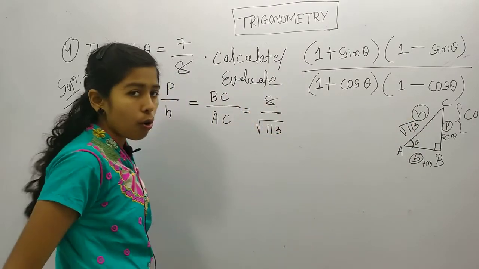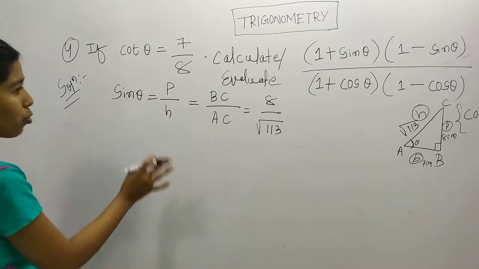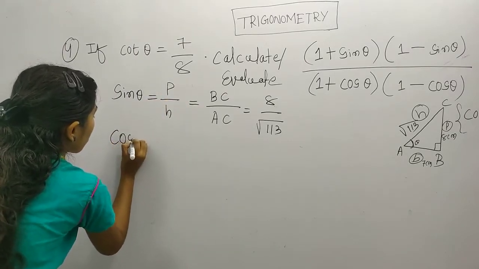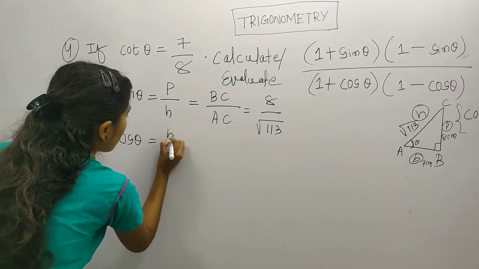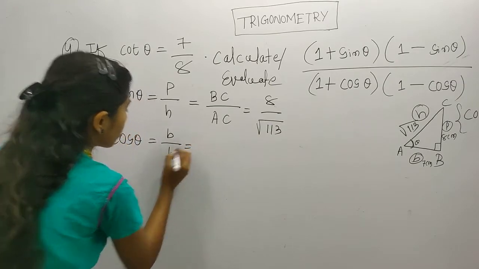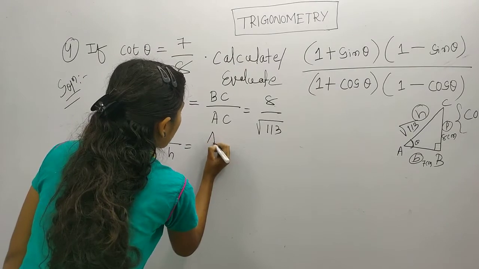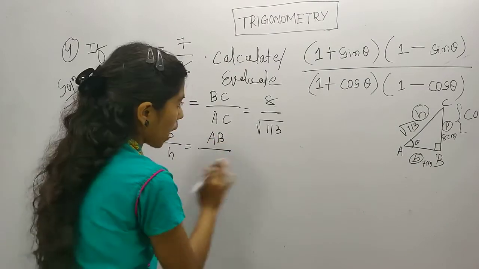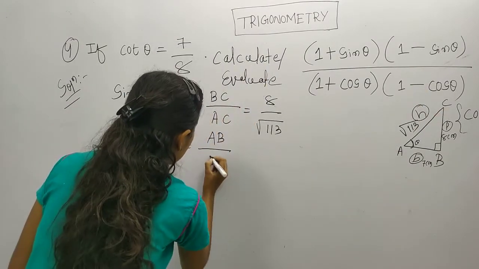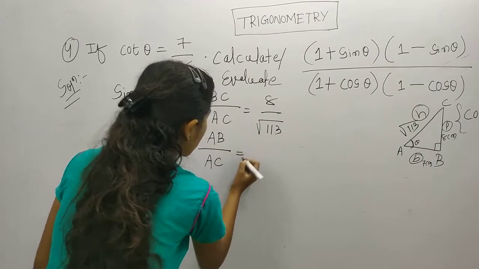Yes. Now next move to cos theta. Cos theta is B by H. So base is our AB, AB by hypotenuse AC.